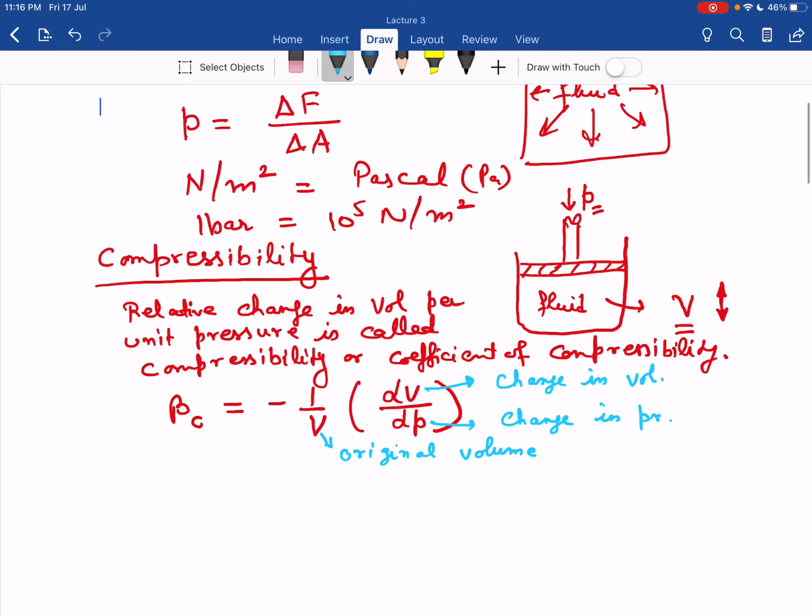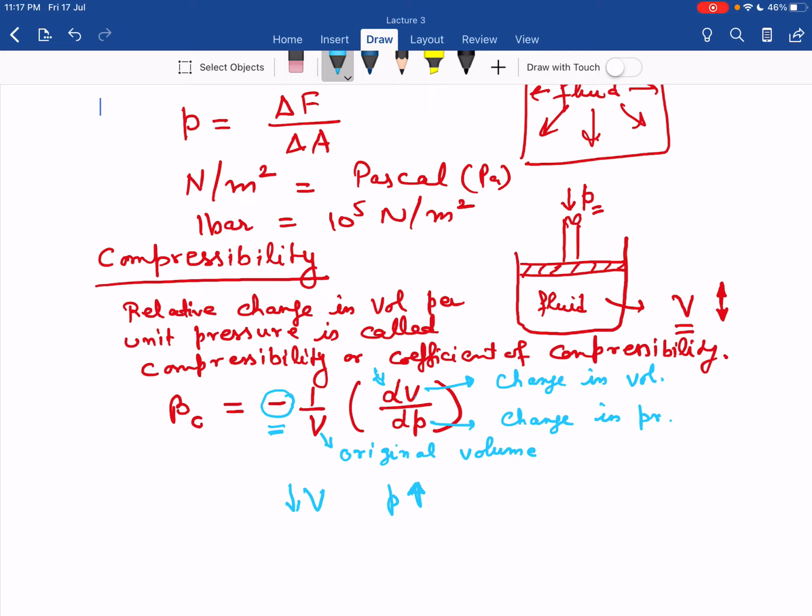Okay, now this negative sign appears here due to reduction in volume with increase in pressure. So you can say a positive pressure increment results in a negative volume increment. So that's why there is an extra negative sign.